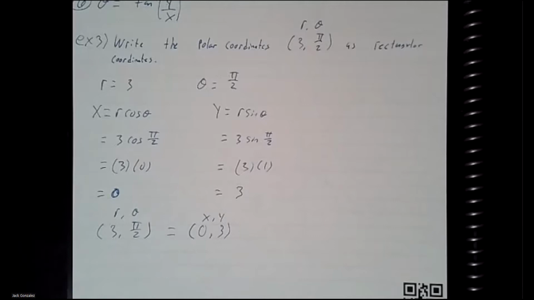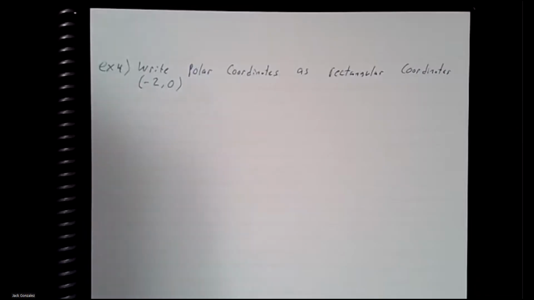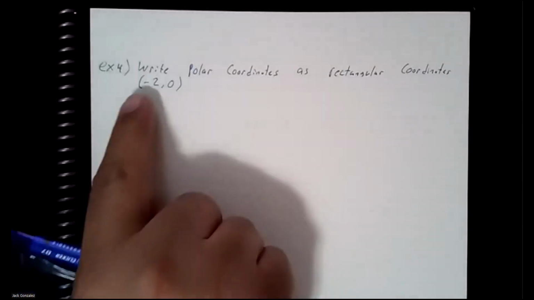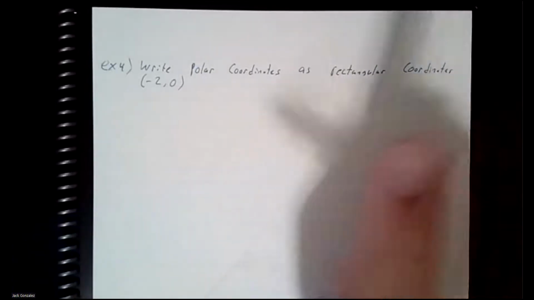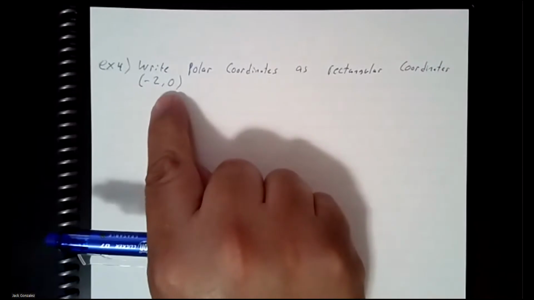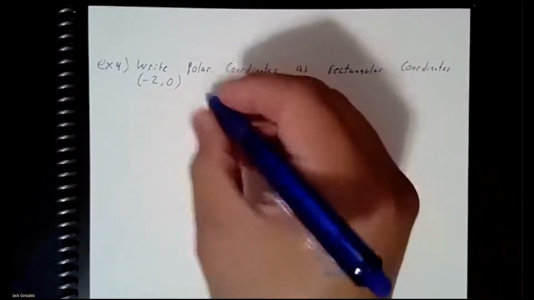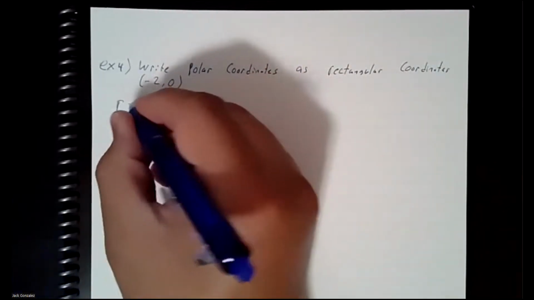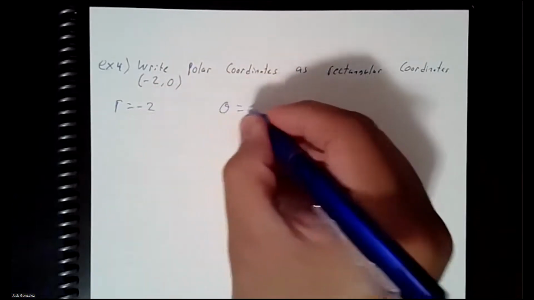And let's do another one. Example 4 says write the polar coordinates -2, 0 as rectangular coordinates. So this is still r, theta, just a 0 angle, right? Okay, so r is -2, theta is 0.